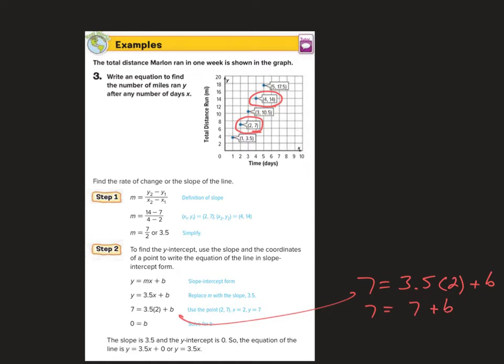And when I solve for b, I subtract 7 from this side, subtract 7 from this side. 7 minus 7 is 0. I get 0 equals b, or b equals 0. So that tells me that my y-intercept is 0. So the slope is 3.5, and the y-intercept is 0. So the equation of the line is y equals 3.5x plus 0, or just y equals 3.5x.